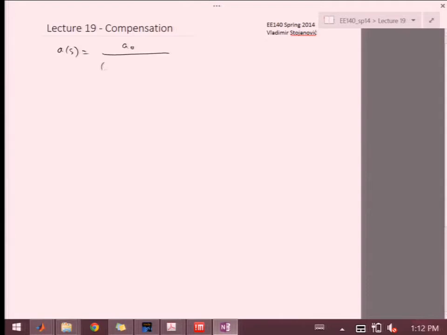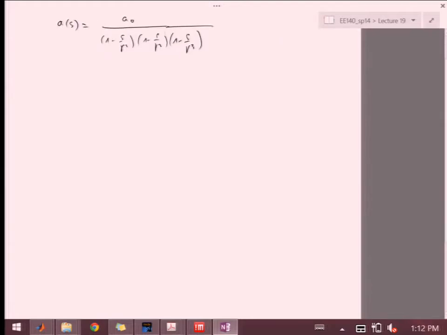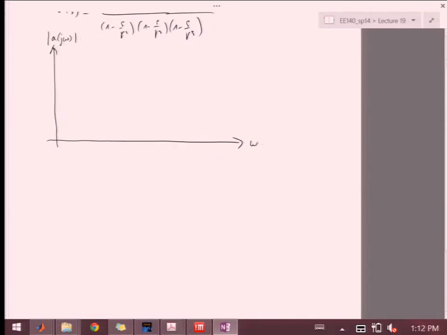that had 3 poles. And then we were drawing the Bode plots for A of j omega versus log omega.